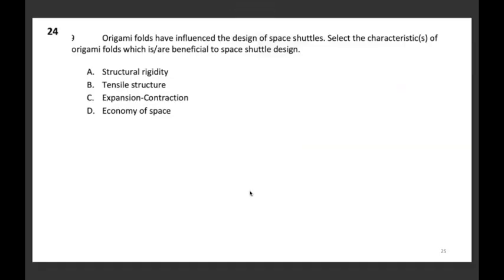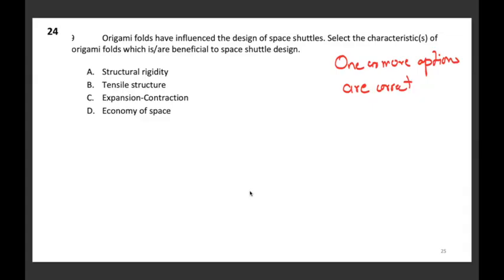Origami folds influence the design of space shuttles. Select the characteristic or characteristics of origami folds which is or are beneficial to space shuttle design. Here I have forgotten to write, but one or more options are correct. Okay. First, structural rigidity.